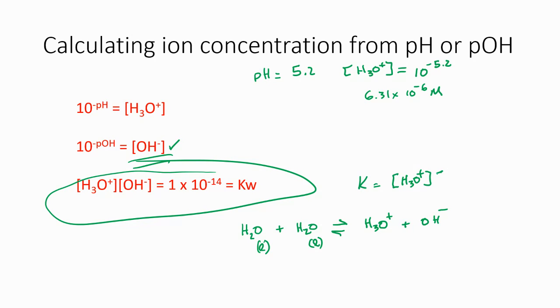And in pure water, that value is well known. It's called Kw, and Kw has a value of 1 times 10 to the minus 14. The reason we bring it up here is because I can use this equation in order to toggle between concentrations of hydronium and concentrations of hydroxide.